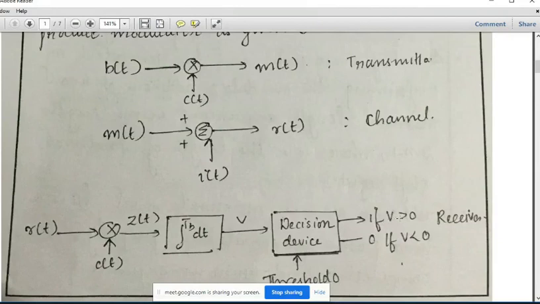If V is greater than 0, the receiver decides in favor of 1, and if V is less than 0, the receiver decides in favor of 0.